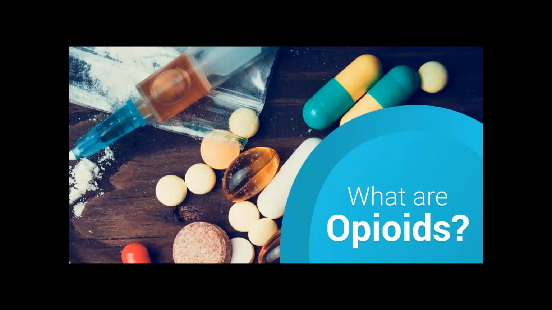So there's different types of medications or drugs that are going to be in that. Again, fentanyl would be one example. Some of these things can be illicitly manufactured, and some of them are going to be legitimately from a pharmaceutical company.